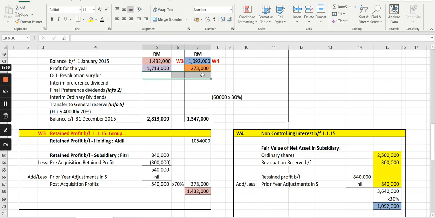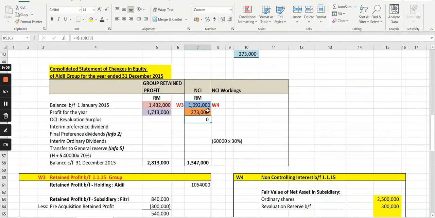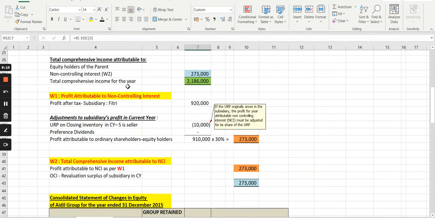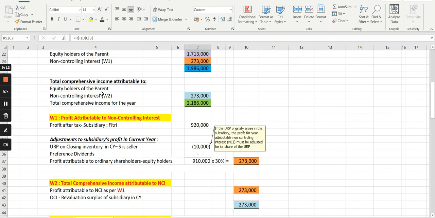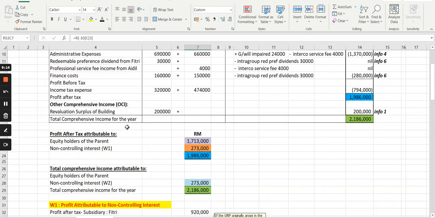Next is to see if there is any revaluation surplus. In your case, none, because the revaluation surplus that you have is not the one of the subsidiary, right? This is the one of the parent. So the revaluation surplus here that you have, the one of the parent, is 200,000, right?